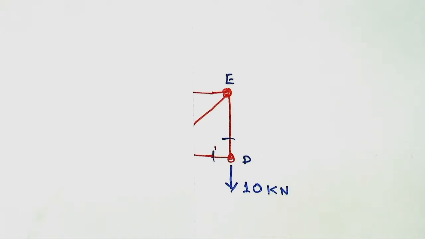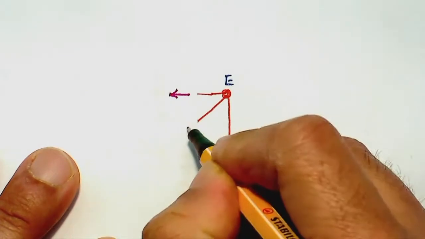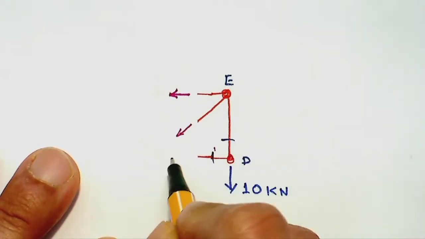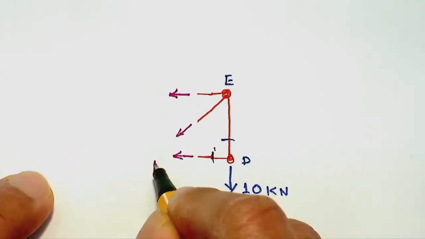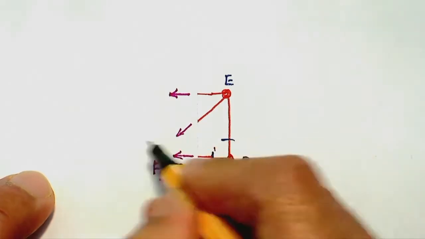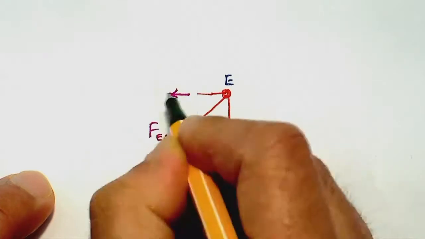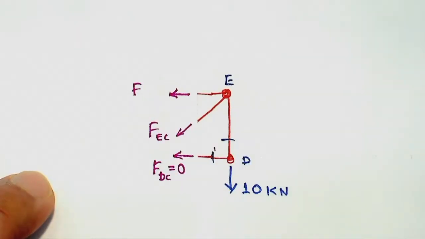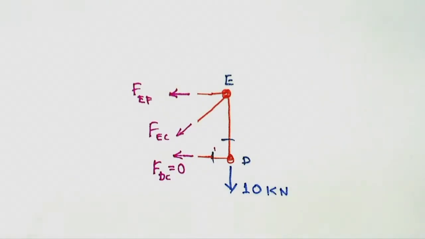So if I take a cut along this way, wherever I have made a cut, I'll put a force. And this side there is a force as well. This is F D to C, and I know this is 0 already. So there is a force here, F E to C, and there is F E to F. Okay, so these are the member forces.